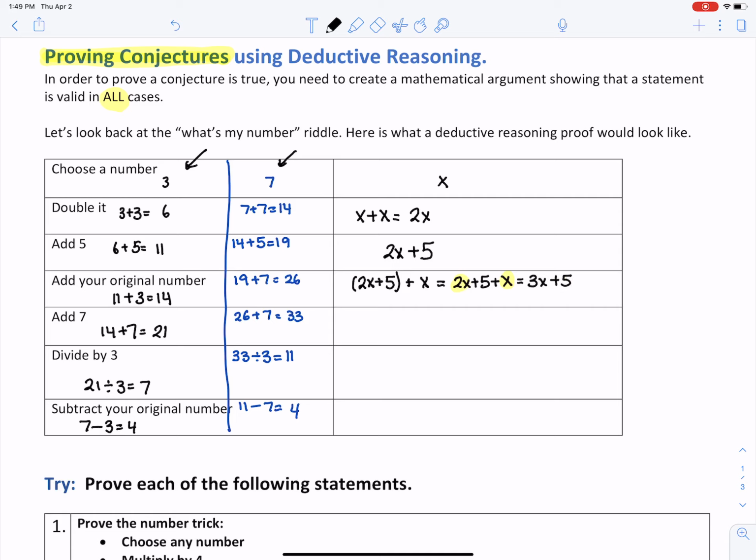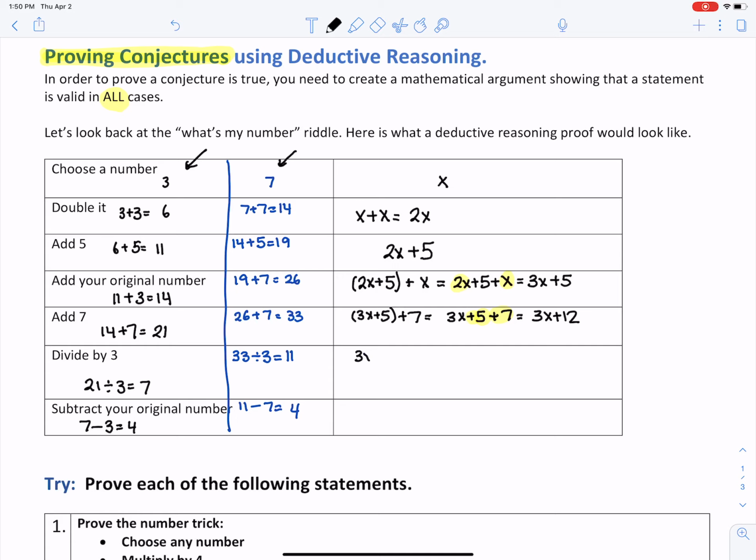It says to add 7, so I'm going to take 3x plus 5, add on 7. So I'm going to open up the bracket. In this case, it doesn't really take much to open up the bracket. I just have to open it up. 5 plus 7 are like terms. So 3x plus 12. Divide by 3.